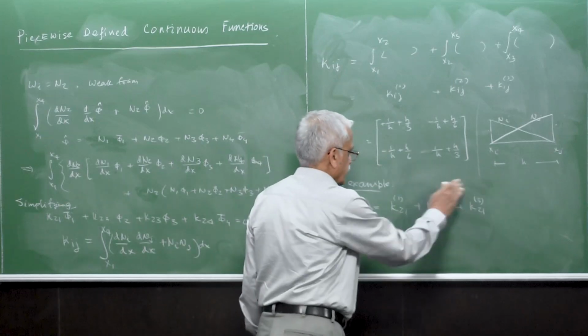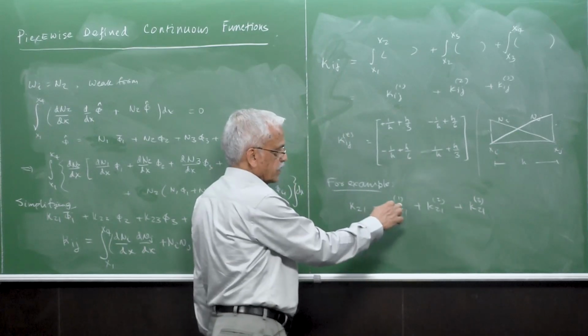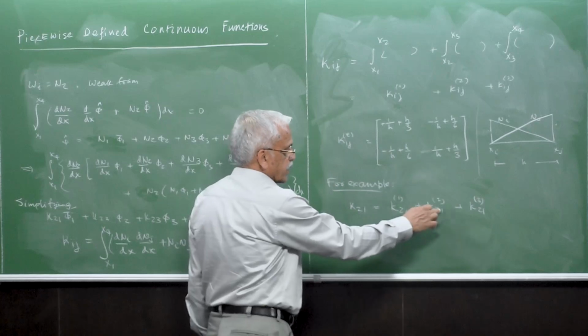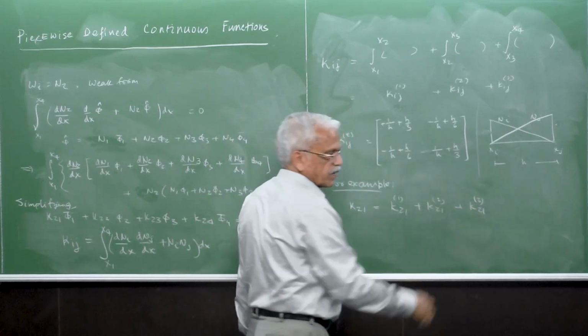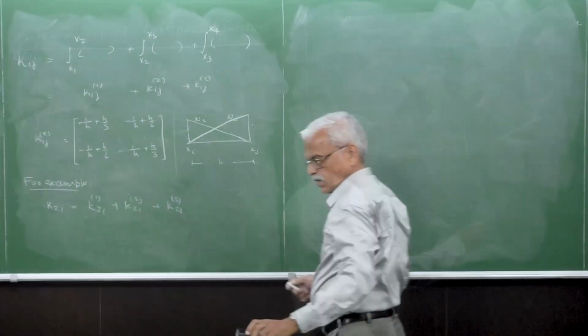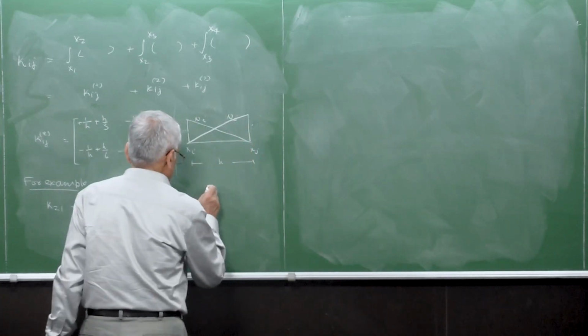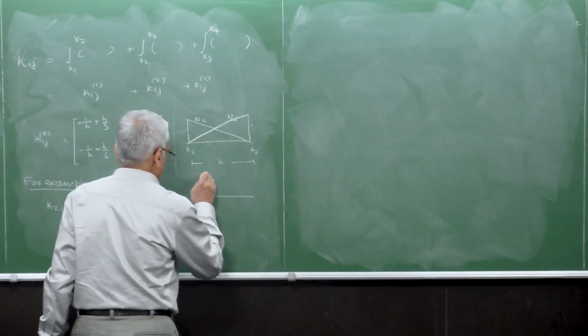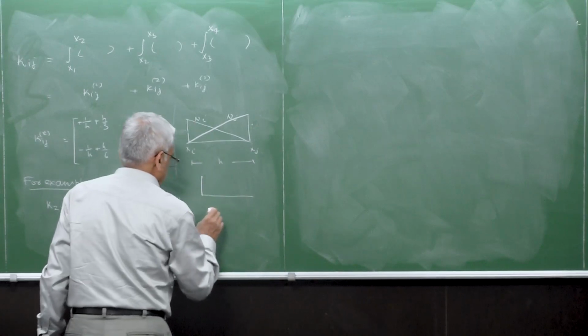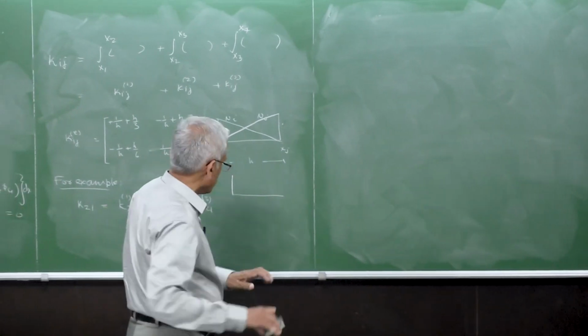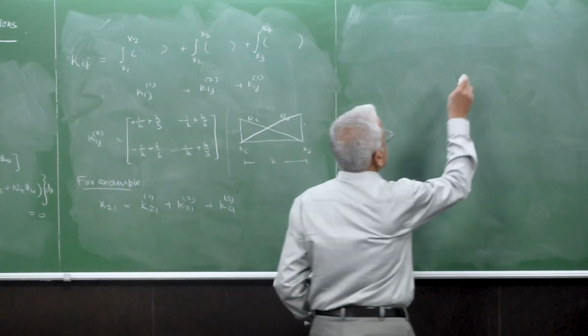And so here K21 in domain 1, K21 coming from domain 2, K21 coming from domain 3. If you look at this here in a nutshell, maybe I'll just, this is too small here, let me just draw it here.